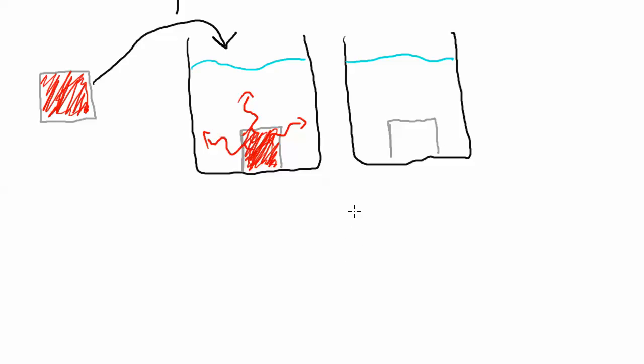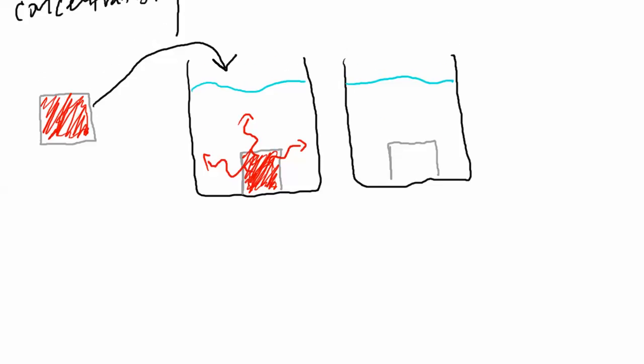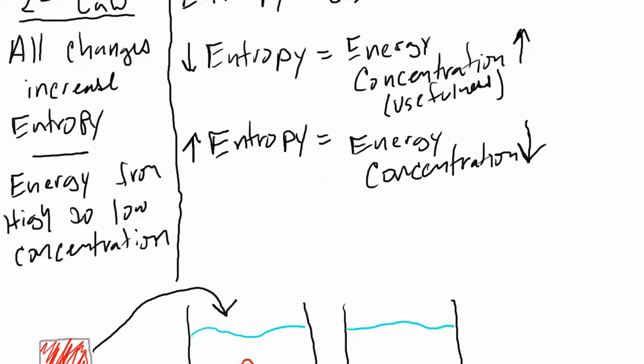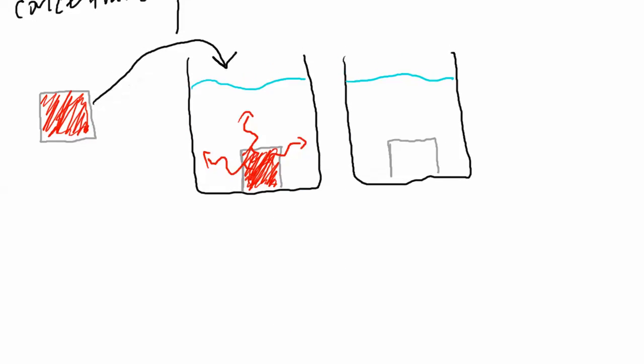So let's examine how this actually illustrates the second law. The second law says that we have to increase the overall entropy. Energy, in other words, has to go from a high concentration to a low concentration. So when we put the cube in, that's a source of very concentrated, a high concentration source of energy.